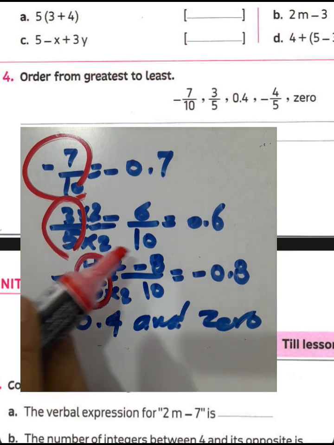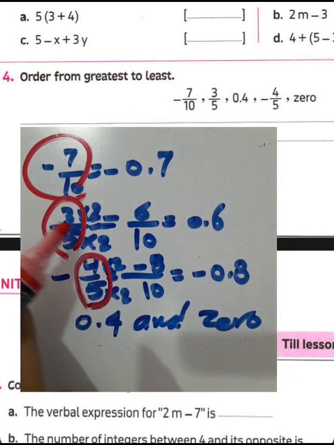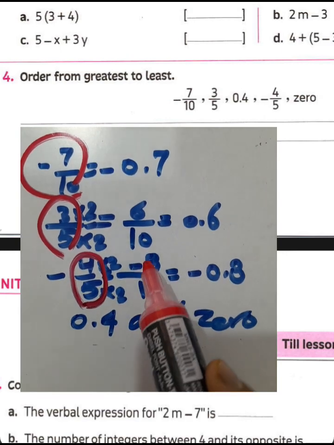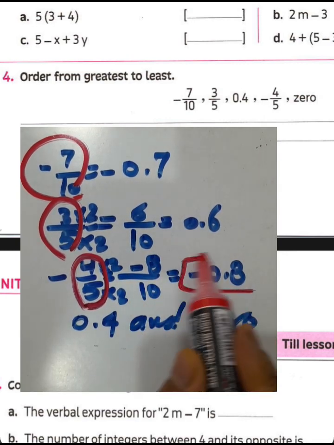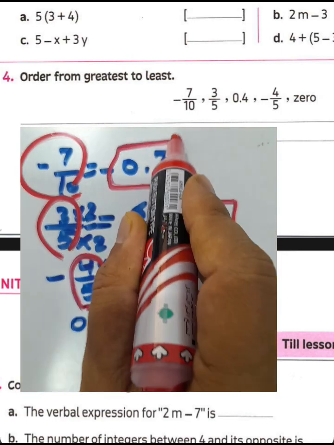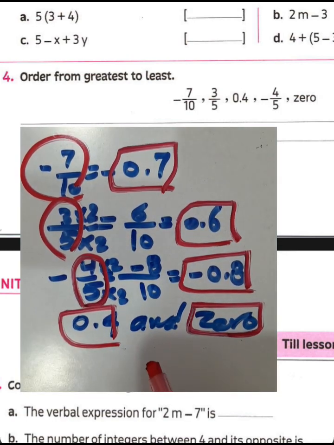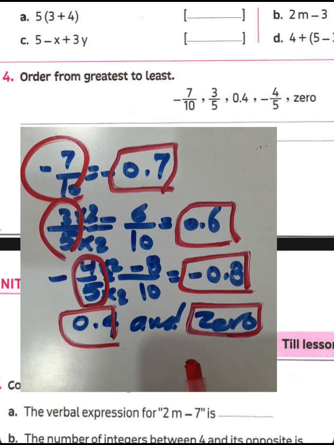And 5 times 2 equals 10, then 2 times 3 equals 6. We must convert this fraction. And 4 over 5, convert it, it will be 8 over 10, and we have negative here. Okay, that's all the numbers. You must arrange all the results from greatest to least, descending order.